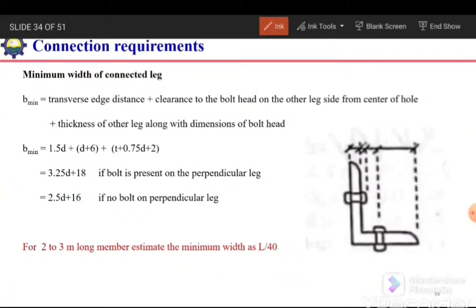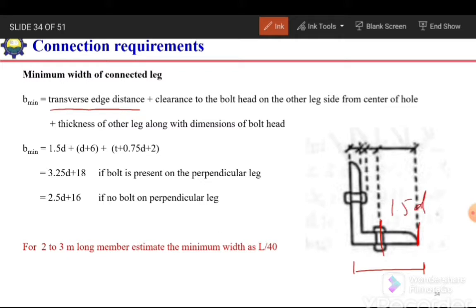Okay, next is what should be the minimum width of the connected leg. Its width is based on these factors. So first is the transverse edge distance, the distance from this edge up to the center of the bolt, which we have studied in the previous slide, which should be more than 1.5 times the diameter of the bolt.